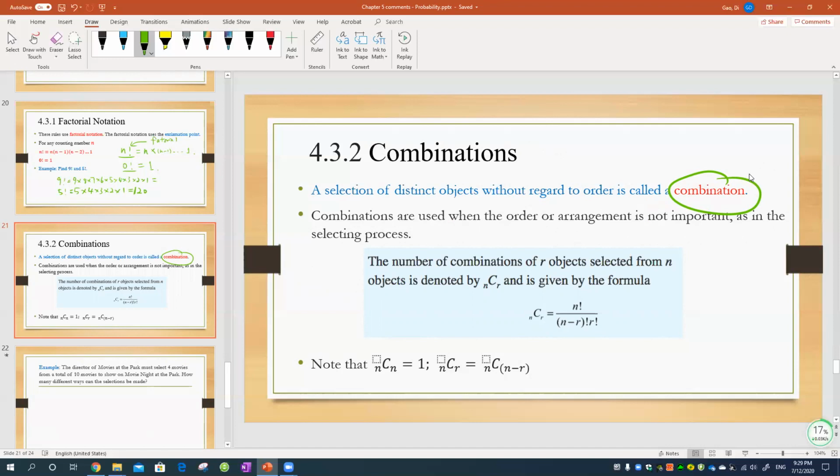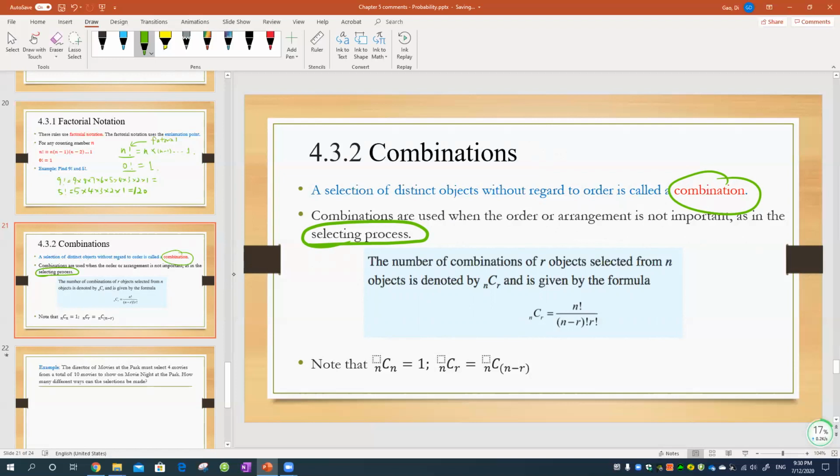That is a selection of distinct objects without regard to the order, and we call it a combination. So the selecting process is one important part of a combination.